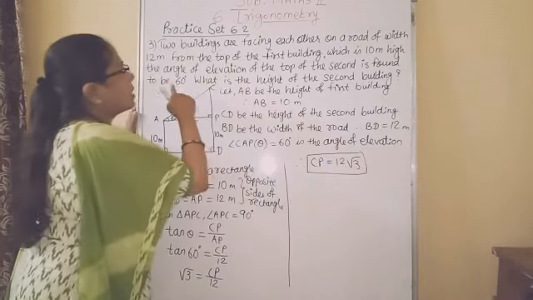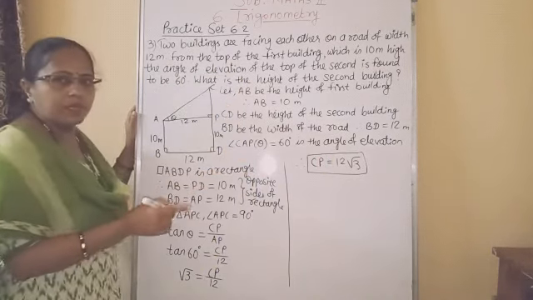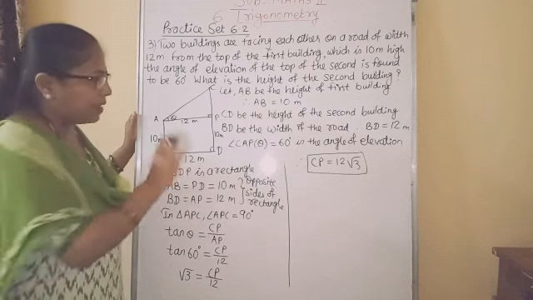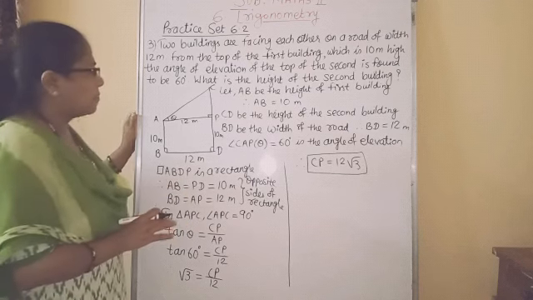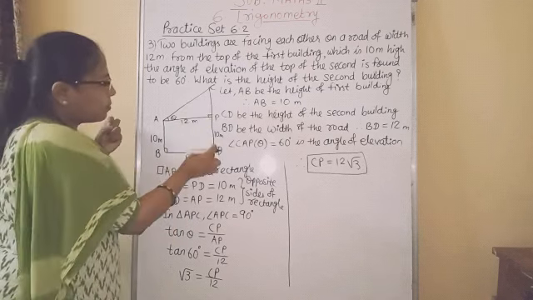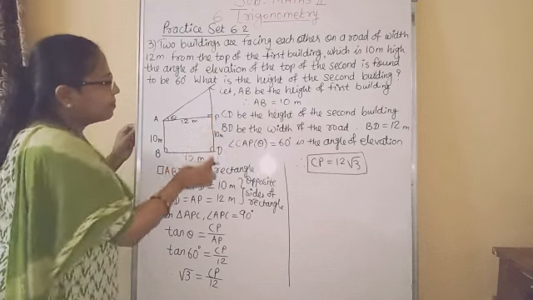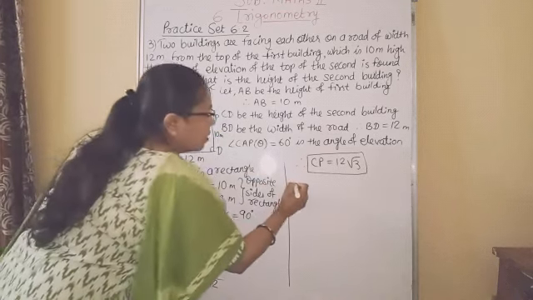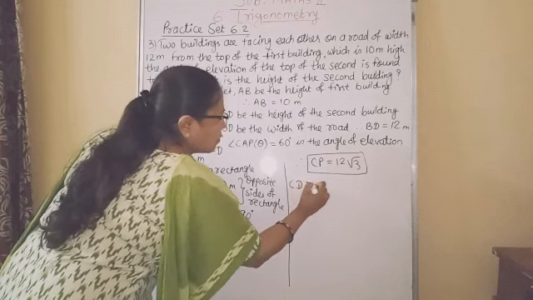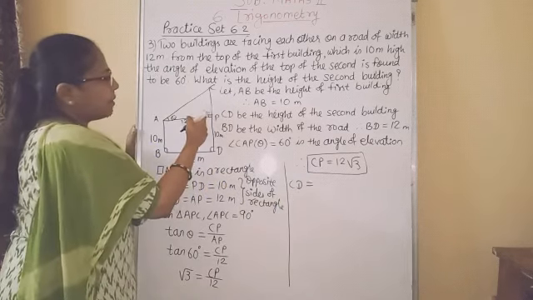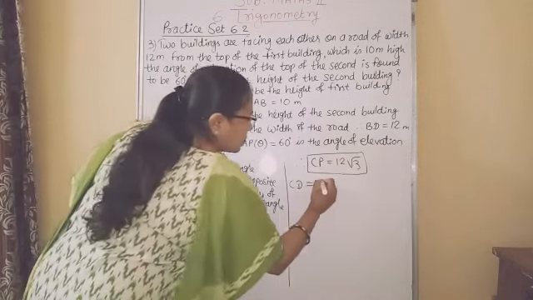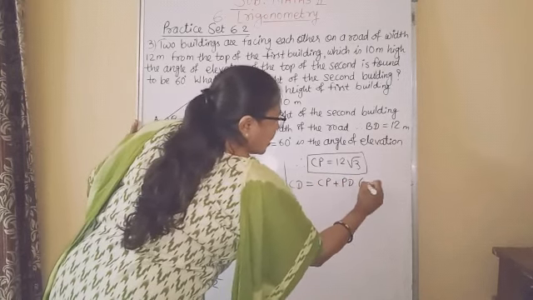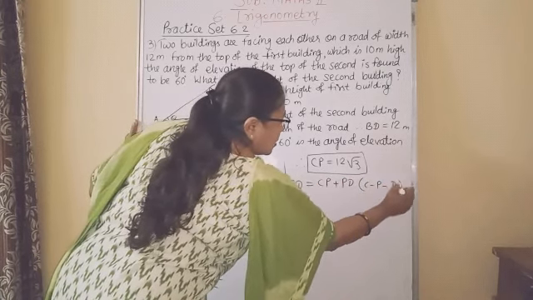Now student, in this question the root 3 value is not given. Okay. So don't substitute the root 3 value, keep the answer as it is. Now we want to find out the height of the second building, which is CD. So we will use C-P-D. So using that, CD is equal to CP plus PD, and the reason we will write is C-P-D.